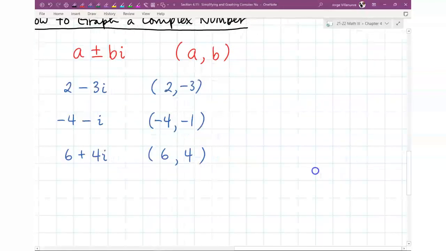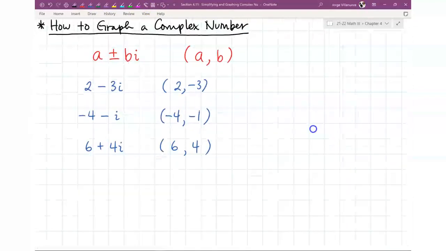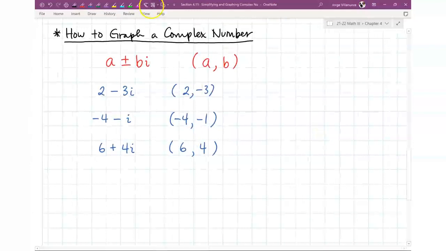Let's graph all 3 of these in one place. Here we go. I'm going to make a chart, a grid, really quick, okay?